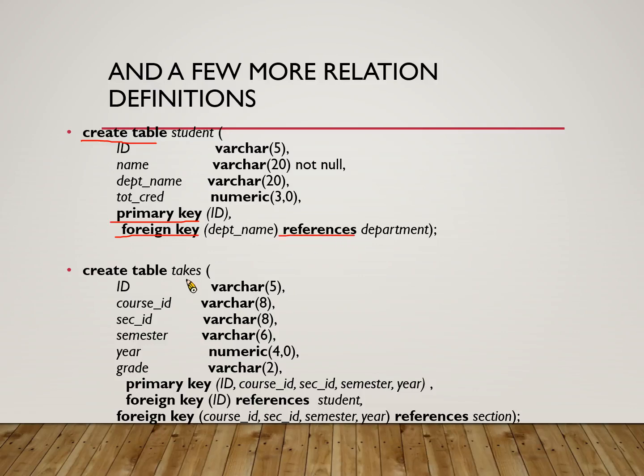Other tables, such as the takes table, can be created with a similar clause. For example, create table takes, followed by its attribute names and their data domains. Finally, we have to define the integrity constraints such as primary key or foreign key, if we have them.